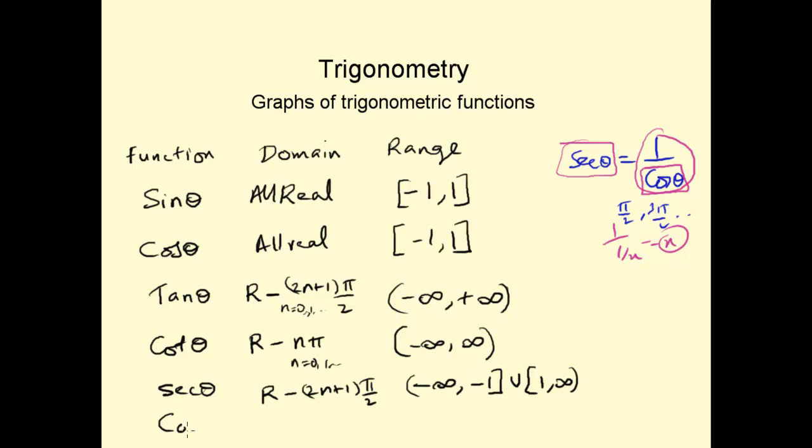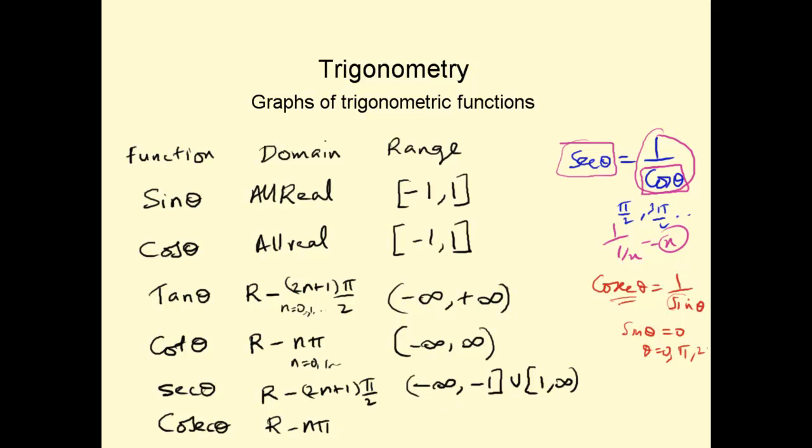Now let's move to the next one, which is cosecant theta. Cosecant theta is given by 1 over sine theta. So what would be the domain of cosecant theta? When is sine theta equal to 0? It's just like cotangent theta, right? Where theta equal to 0, pi, 2 pi, so on. So that is n pi. So the domain for cosecant theta is R minus n pi.